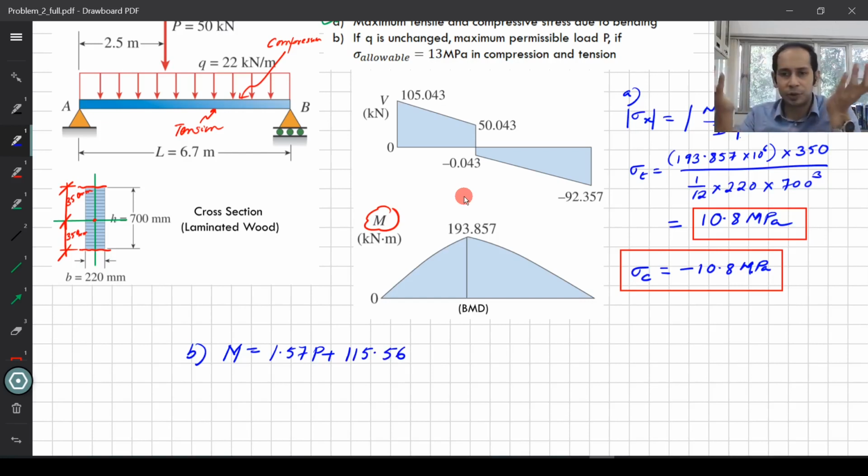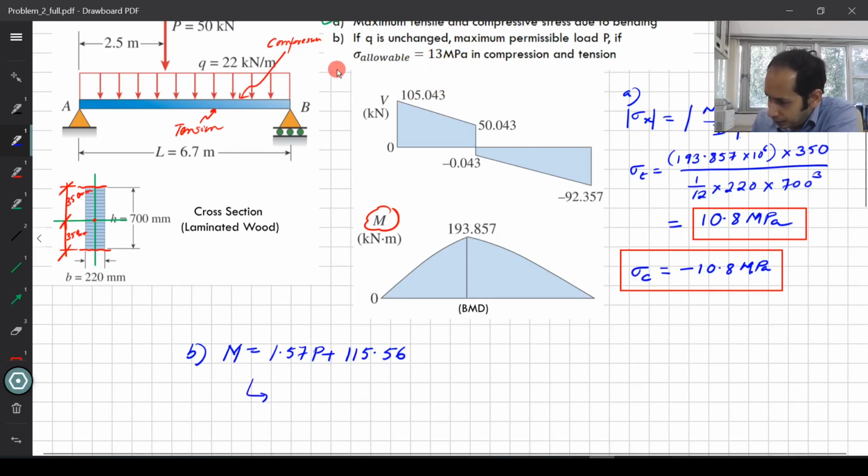Now same story, we take this relationship and put it over here, and now our unknown is P, and in sigma we are going to put the sigma allowable because we do not want to exceed that. So what you will eventually get is that 13 MPa, that is your allowable stress over here.